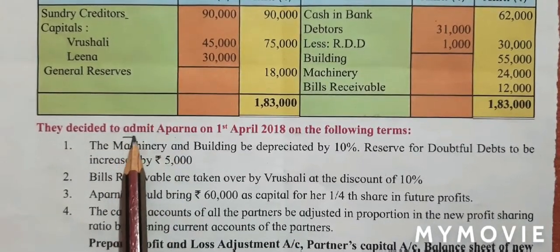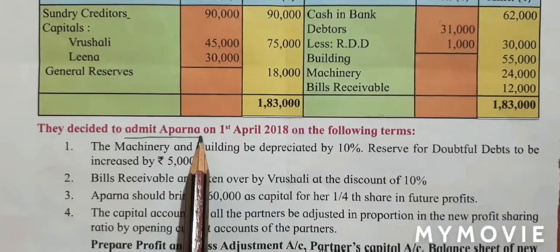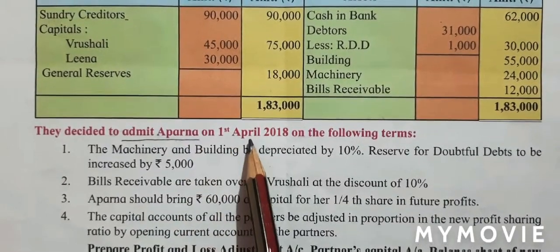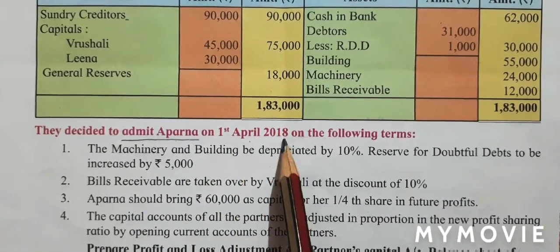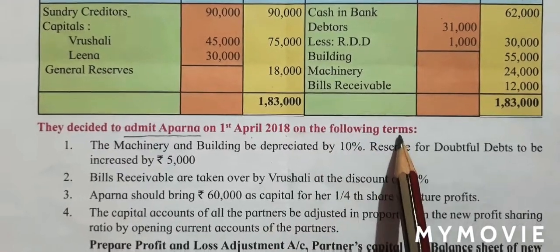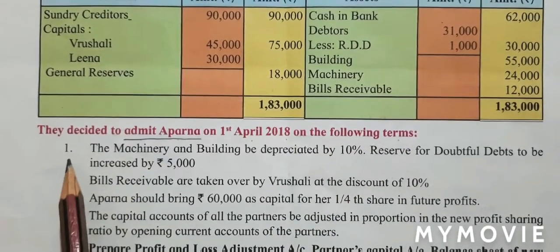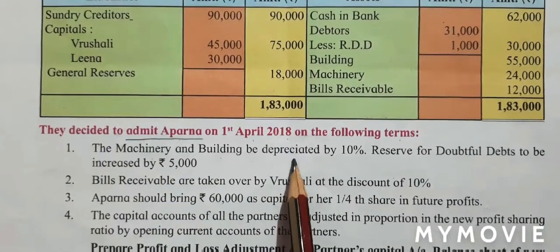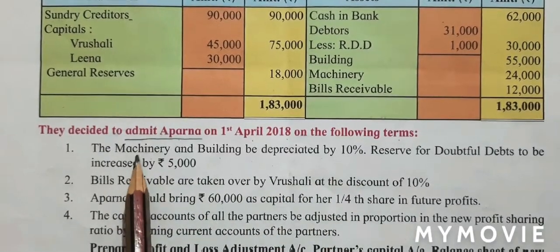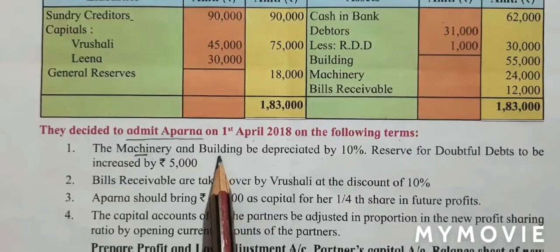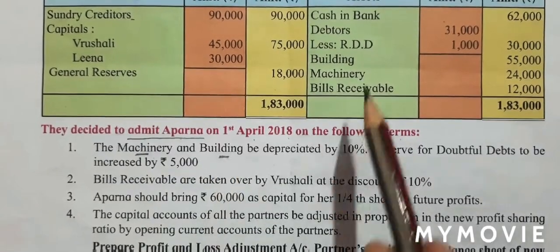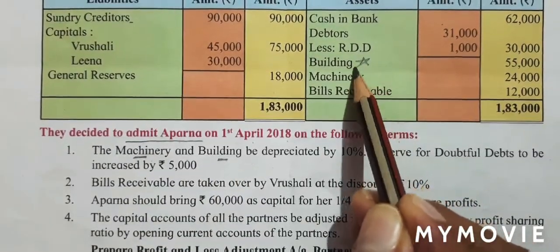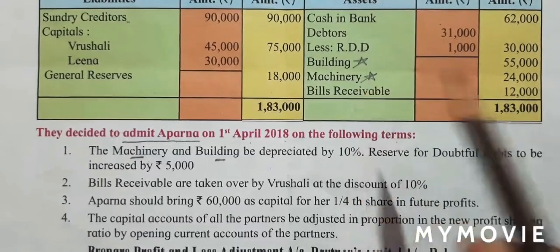So Aparna is admitted as a new partner on 1st April 2018 on the following terms. Number 1, the machinery and building be depreciated by 10%, which means I have to mark star for machinery and building. So let's mark star for building and machinery.